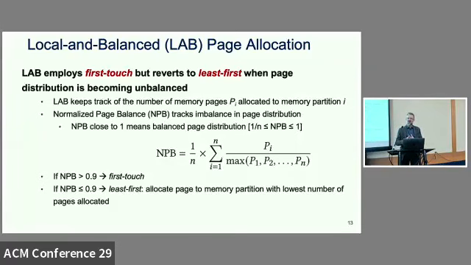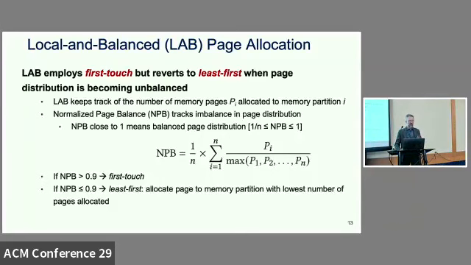This allows us to achieve the best of both worlds. We mostly allocate memory pages locally. If that turns out to lead to an imbalanced execution, we start distributing the pages across the system to achieve an overall balanced page distribution.